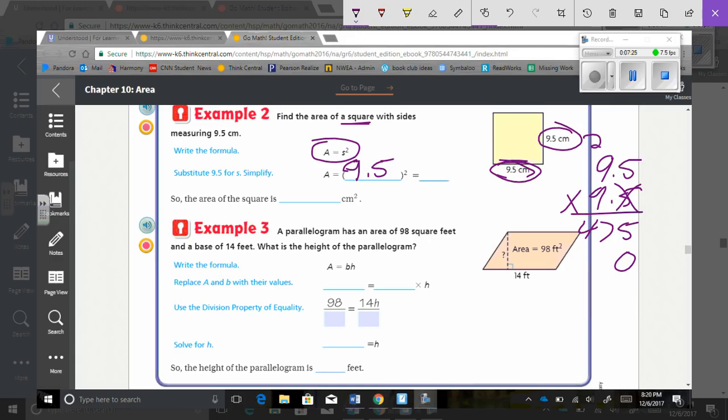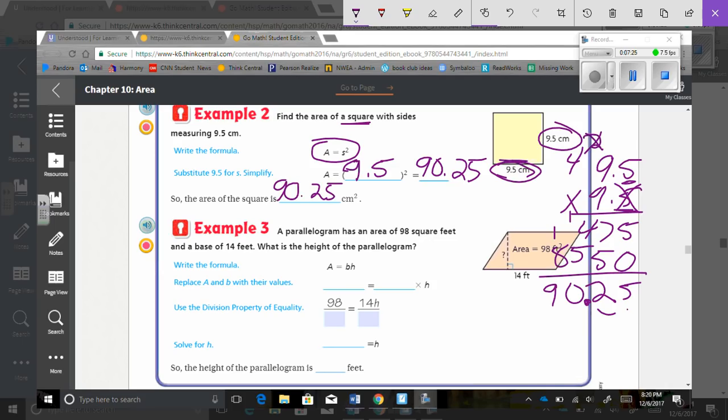Then a 0 to keep our place values the same. 9 times 5 is 45. 9 times 9 is 81, plus 4 is 85. Decimal places in here, so we're going to move that over 2, which gives us 90 and 25 hundredths. So our area of the square is 90.25 centimeters squared.